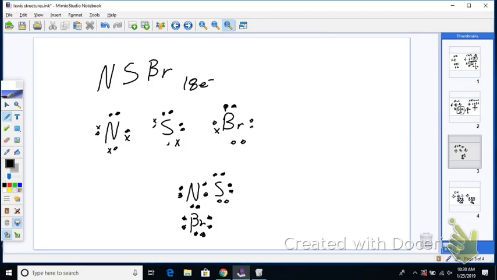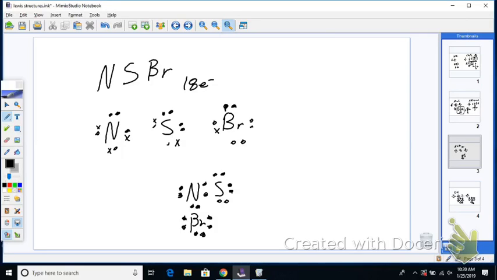So this is what you have to recognize, is that sulfur doesn't have the same before and after. Nitrogen does. And so what we're going to do is get nitrogen its 8 by taking a pair that shouldn't be there on the original and then putting it in between.